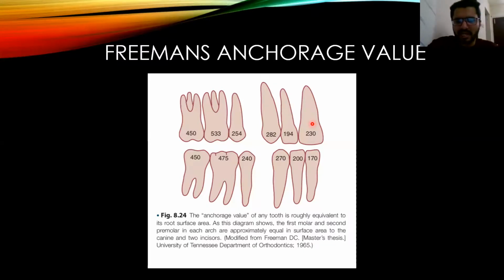Maxillary first molar has 533. Which has the least anchorage value? Mandibular central has the least anchorage value of 170. It's the smallest tooth in the mouth, obviously.